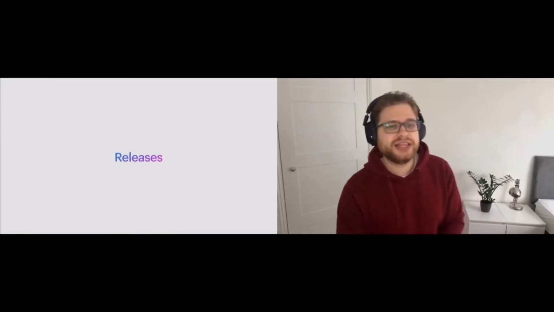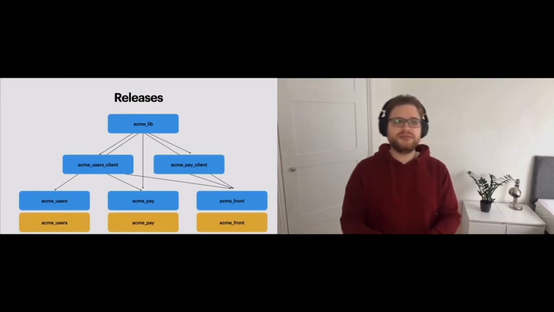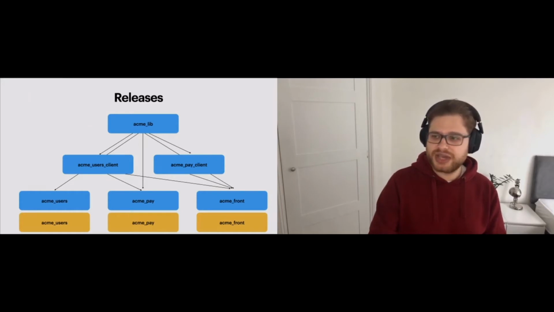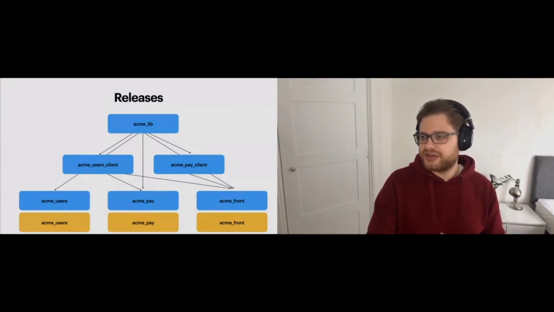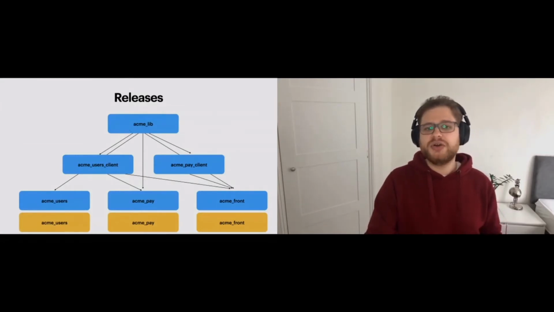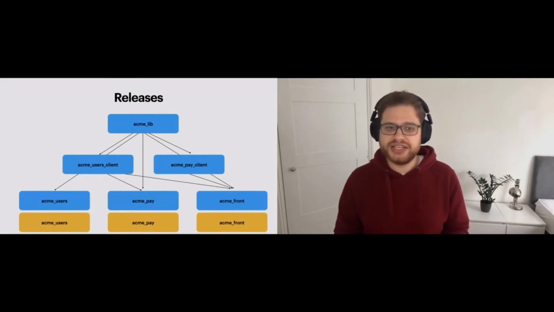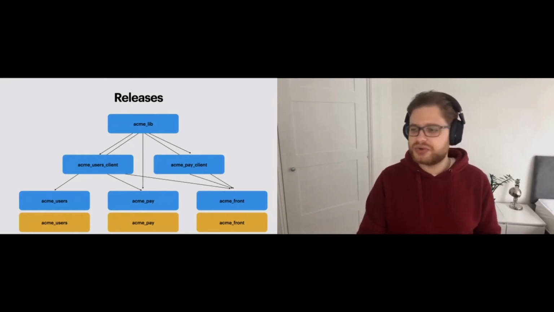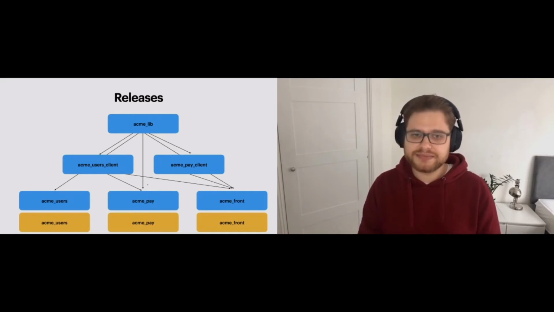Right? So let's imagine a single project. How many applications do we have in here? Right, we have 6 applications. We have the Acme lib application, which is some sort of generic utility. We have 3 services or systems defined: the users, the pay system, and the front end system, right?